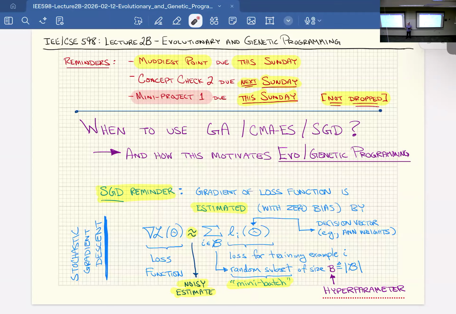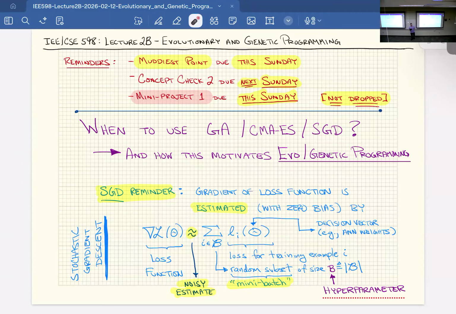Otherwise, moving forward, how do we pivot off of what we just talked about into evolutionary computing and genetic programming? I'm going to start here with a question that has come up. You might be familiar with gradient descent, and you've heard about it used in a number of applications. You may not have been as familiar with some of these metaheuristics.